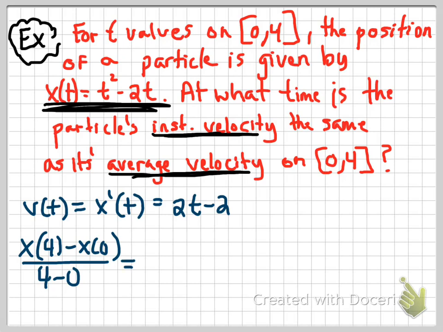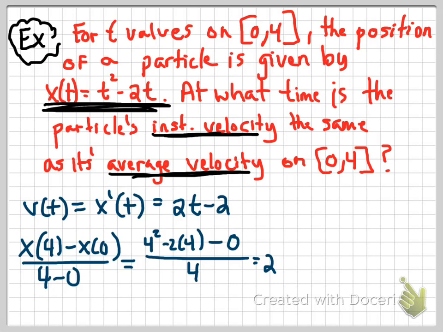So if we plug 4 into t squared minus 2t, we are going to have 4 squared minus 2 times 4. And then we'll plug in 0. Well, that's all going to be 0 over 4. And if we clean this up a little bit, we're going to have 16 minus 8, 8 over 4 equals 2.